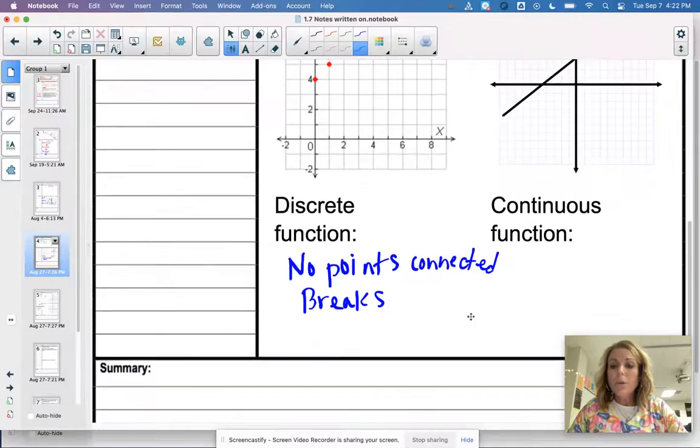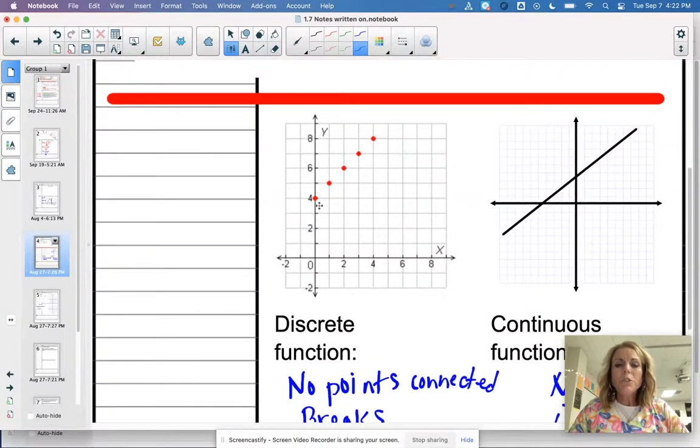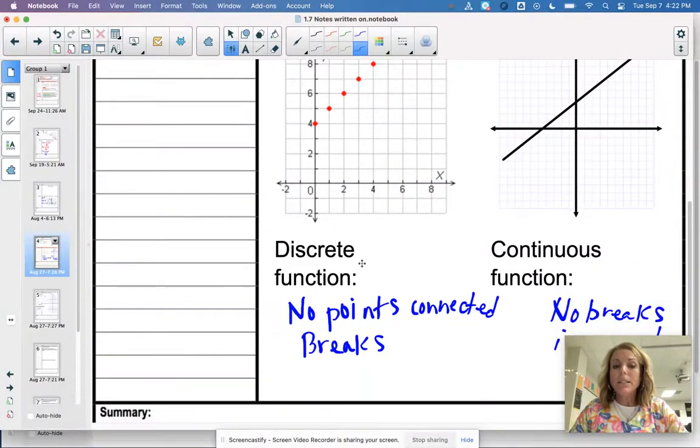On a continuous function, there are no breaks in the graph. So this is discrete because I'm not connecting the dots. I put a dot on, take my pen off, put another dot on, take my pen off. The points are not connected, and there are breaks in the graph.